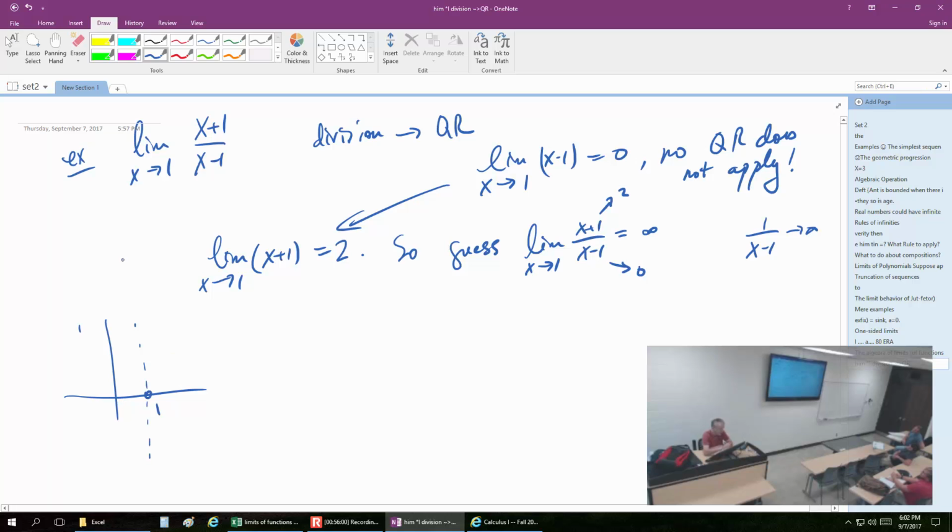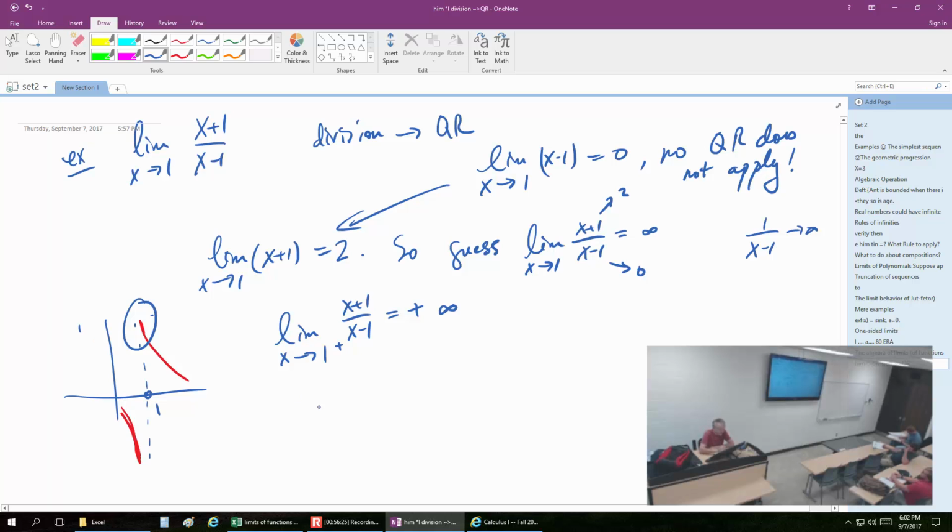So this is 1, where the function is undefined, and this is what the graph roughly looks like. You can see the behavior of the function as it goes towards 1. Let me just write the answer based on the picture without going into computations. The limit as x goes to 1 from the right of (x plus 1) over (x minus 1), it is plus infinity.